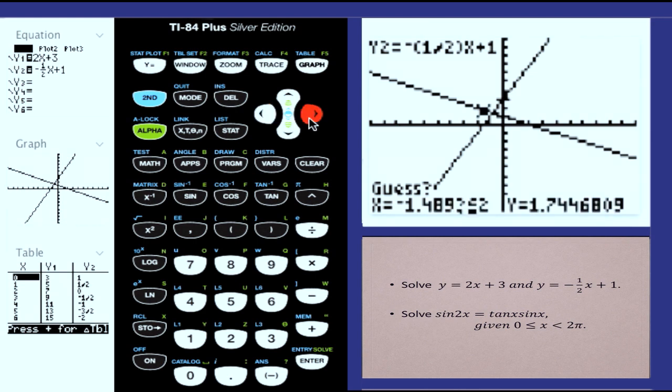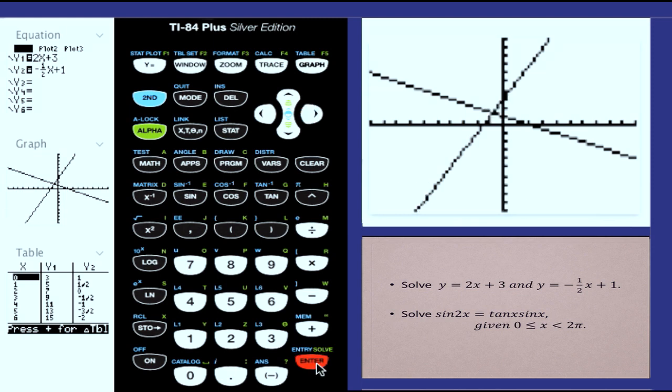So I'm going to scroll back to the place where I feel is the intersection point, and it's somewhere around that point. Again, it doesn't have to be exactly on the point. Now to calculate the intersection point, you have to press enter. So this is the exact intersection point, and the calculator says intersection. The coordinate is x equals negative 0.8 and y equals 1.4.